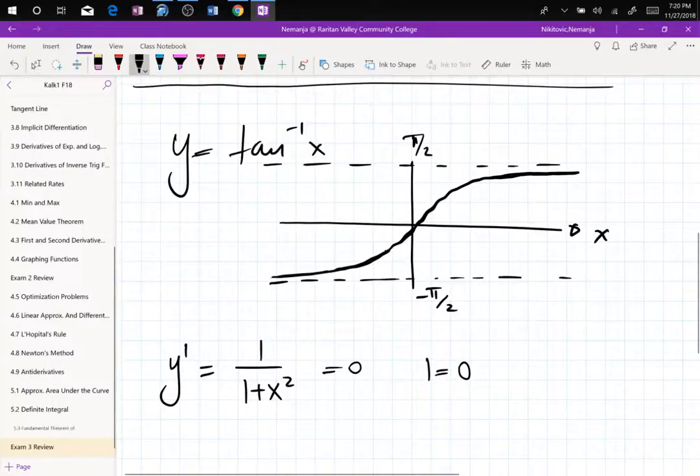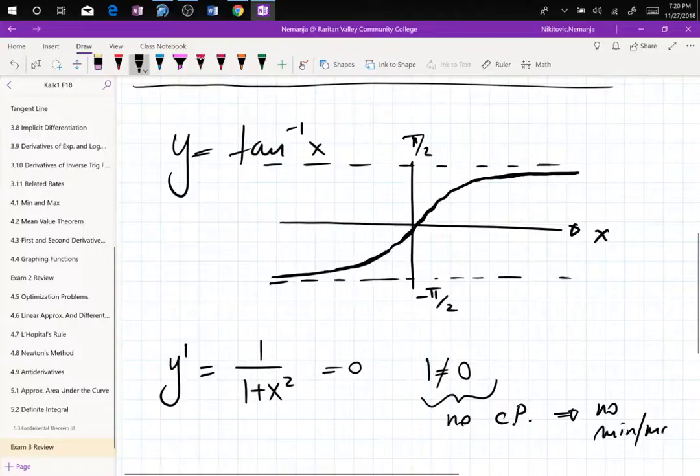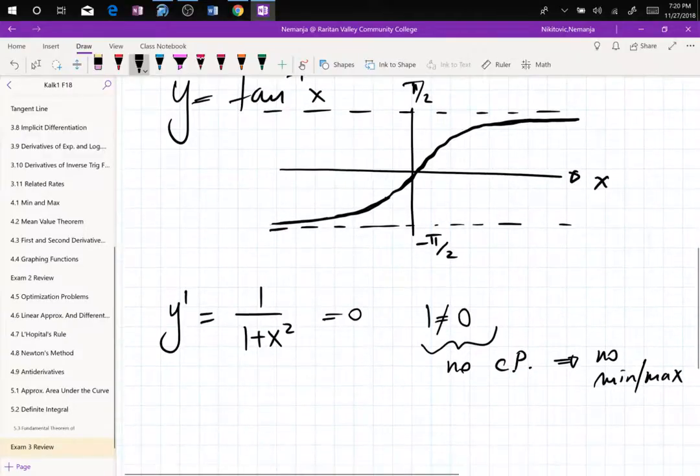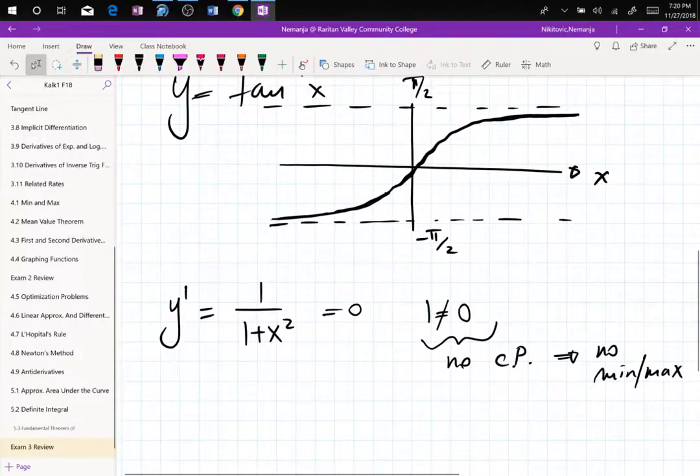So no critical points means no min, no max. So no CP implies no min, no max. And you don't have any asymptotes either for partitioning. So everything is one partition.